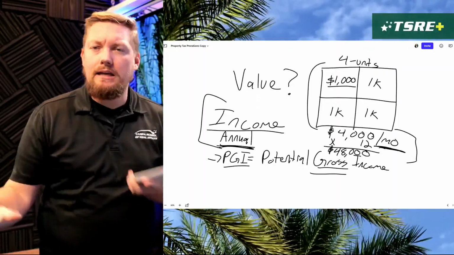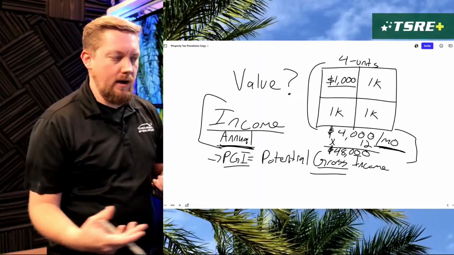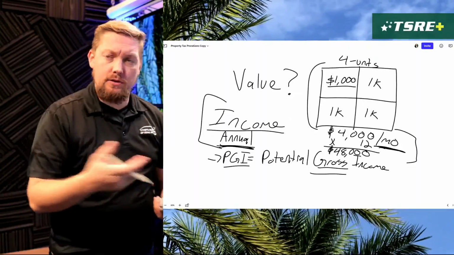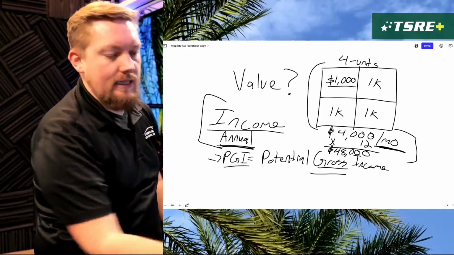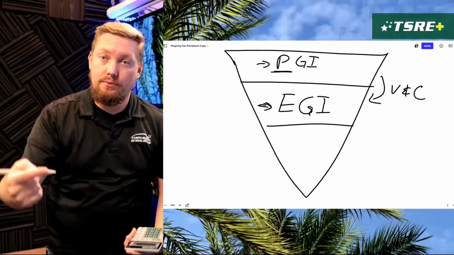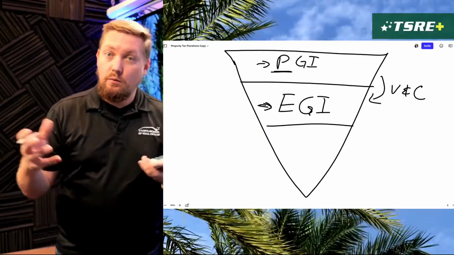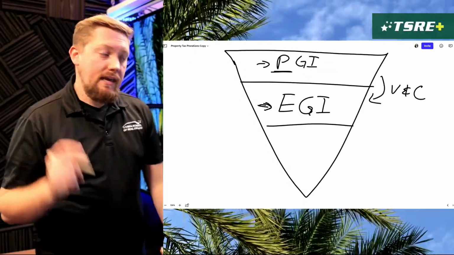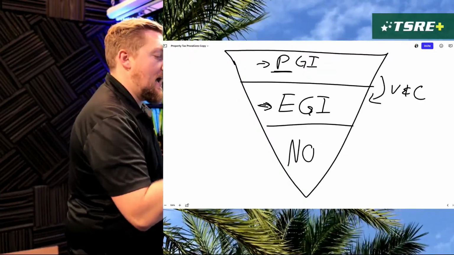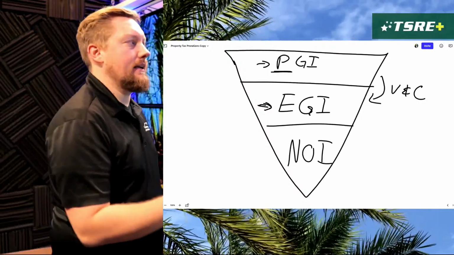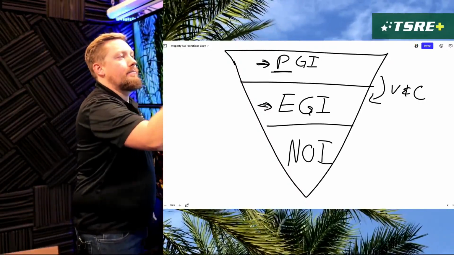And this is behind many investment strategies where investors buy a cash flowing property that is already producing income, but on top of that, they can improve the cash flow and therefore improve the value of the property, because the name of the game, and what ultimately determines the value, is the net operating income. And to get to the net operating income, we talked about potential gross income.